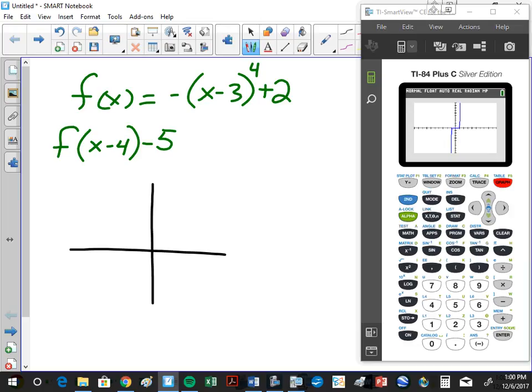So the total will be right 7. x minus 7 to the 4th. And the top one says up 2, and the bottom one says down 5. So to put them together, we'll have down 3. And we'll graph that at positive 7, negative 3. It's upside down, and it's an x to the 4th. So it'll look like that. Does that make sense?